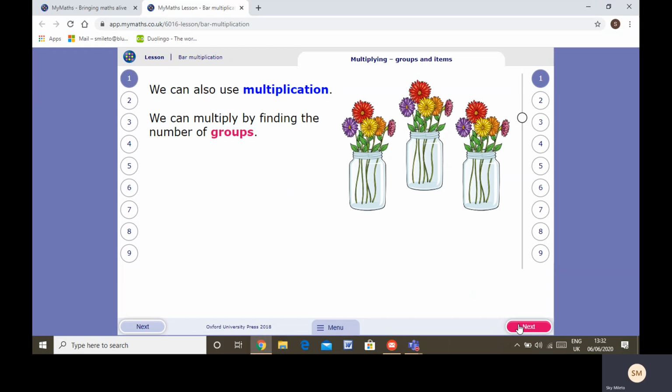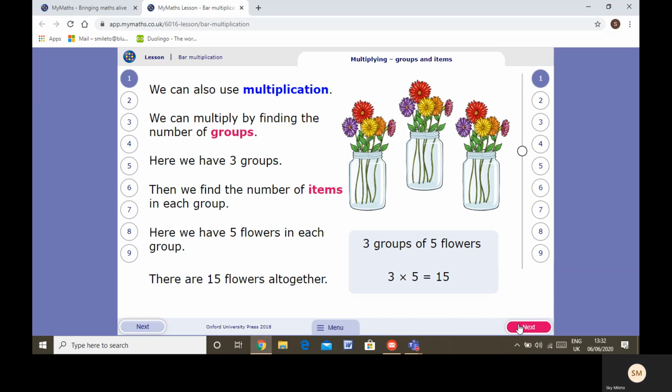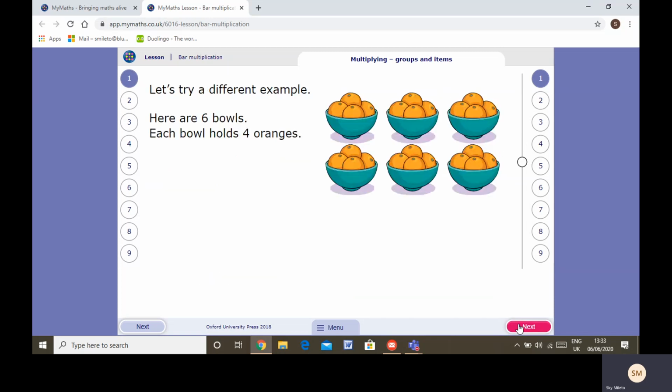We can multiply the number of groups with the number of items in each group. So we have 3 groups, and we're going to think about the number of items in each group. We know each has 5 flowers, so it's 3 groups of 5, which you can call 3 times 5 equals 15.